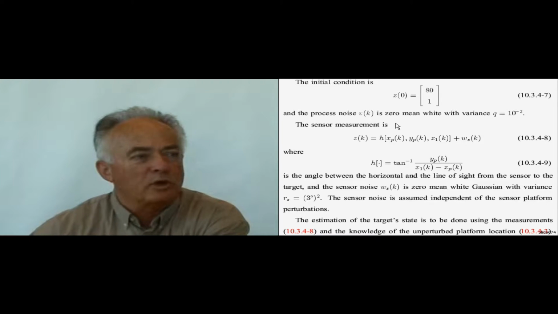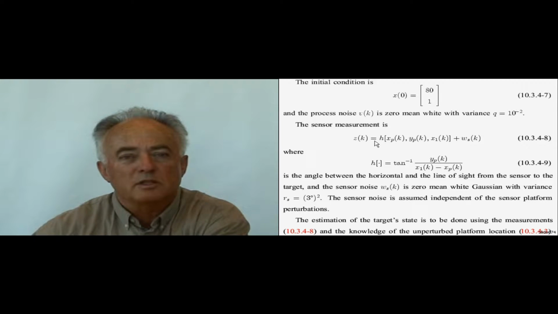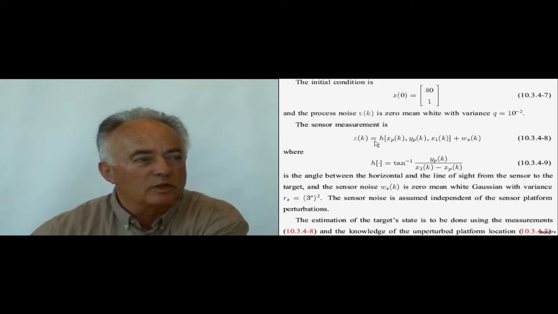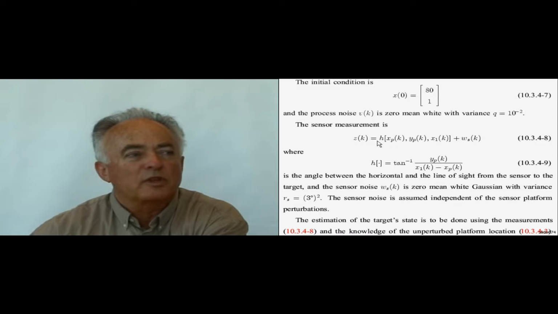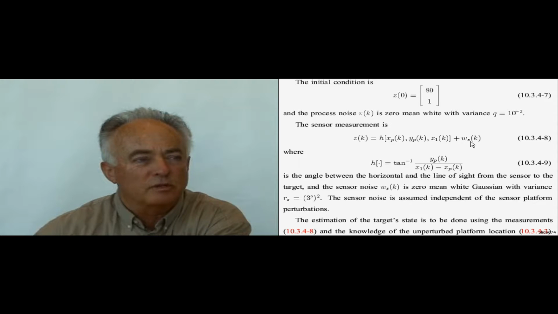Now, the sensor measurements are nonlinear, and this is why the problem is nonlinear. As indicated earlier, at least one of the equations between the state equation and the measurement equation has to be nonlinear. Then we have a nonlinear problem. So there's a function h that depends on the platform position in x and y coordinates, so that's xp, yp, and depends on the position of the target plus the sensor noise.